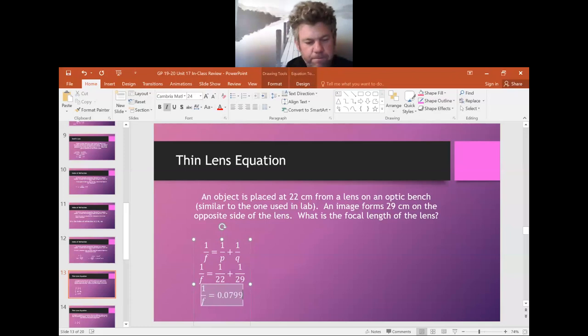0.0799. Okay? Now, to fix all this stuff up, I've got to get f all by itself. So that means I've got to multiply both sides by f and then divide over, or I can just go ahead and take the inverse of both of these. What that means is basically I'm going to flip this thing. All right. So here's how this works.